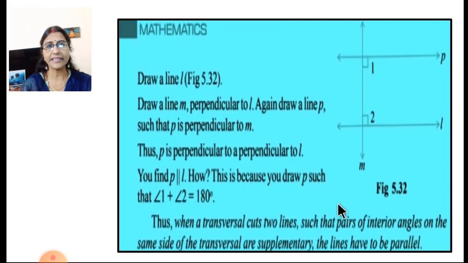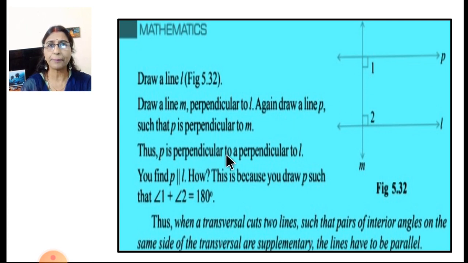To understand this, draw a line L. Draw a line M, which is perpendicular to line L, means it is forming a 90 degree angle. Now again draw a line P such that P is perpendicular to M. You can see here P is perpendicular to M as it is forming a 90 degree angle.